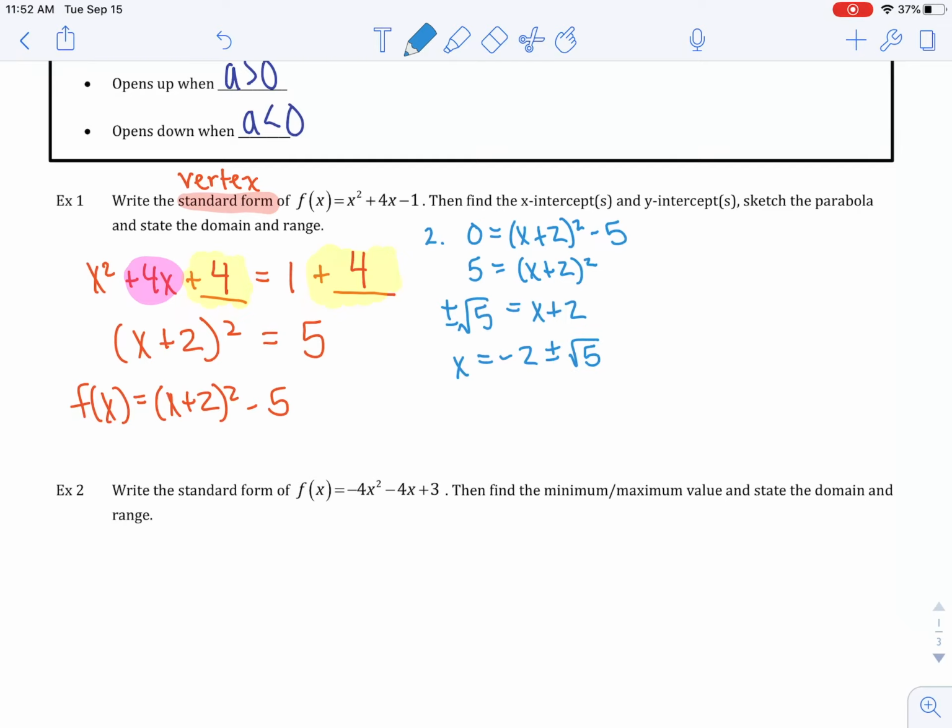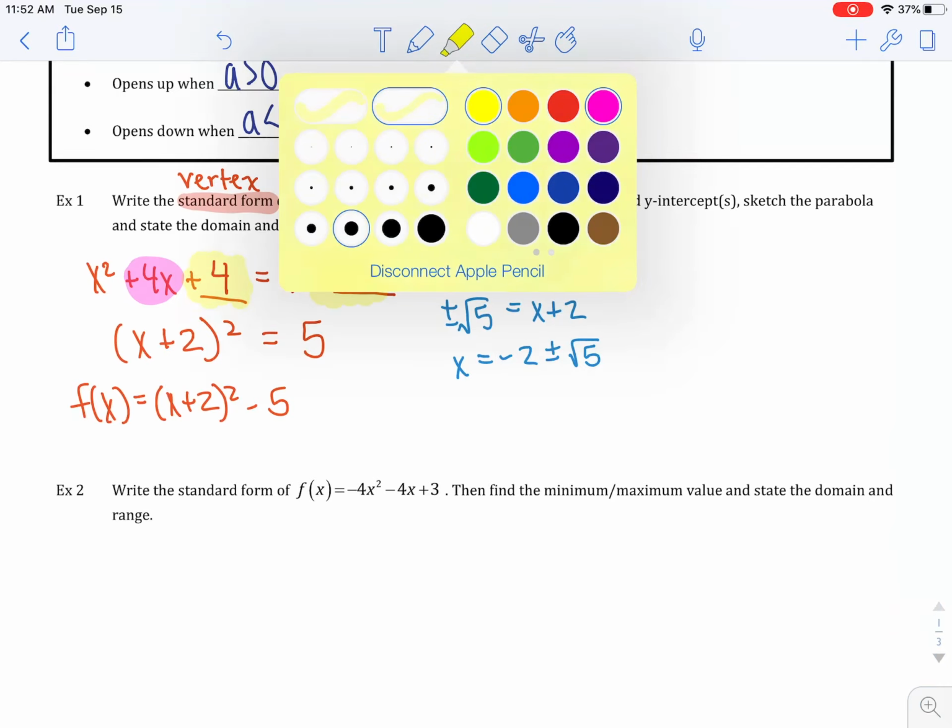Please make sure you write the whole number, not the radical number, first. It's more of a mature answer, okay? So we have our 2 answers for this guy.